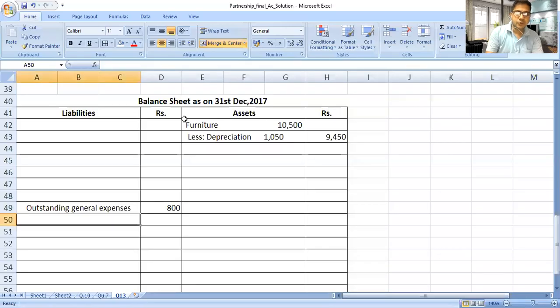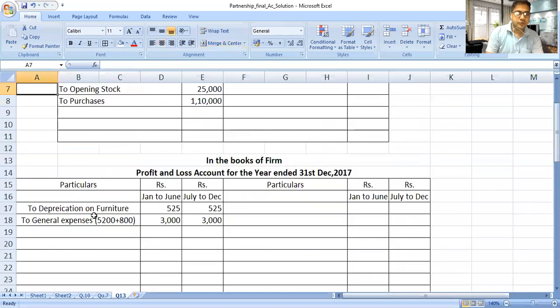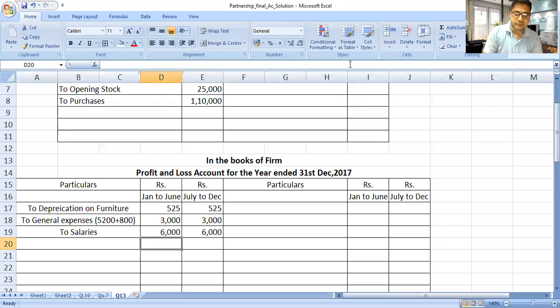It is very simple to write: to salaries, and this salary is 12,000, 6,000 for the first term and the next 6,000 for the next term.